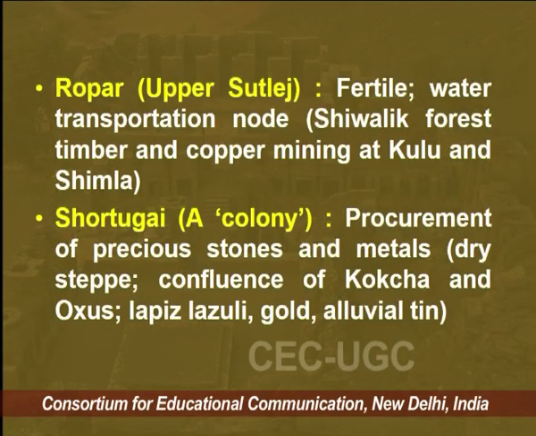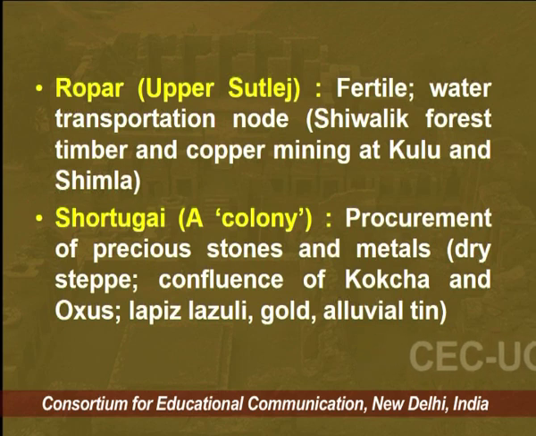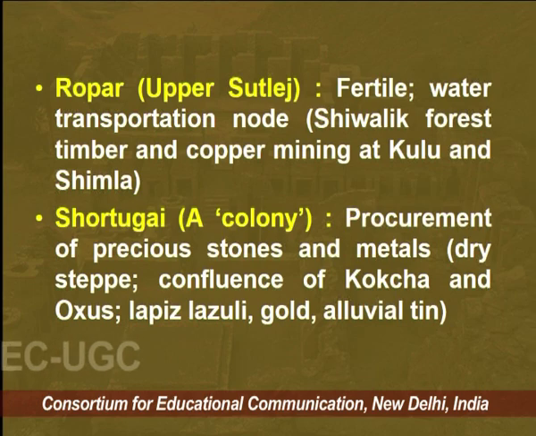So, at Kulu and Shimla, we have copper which could be sourced across the river way to different parts of Harappan civilization. So, Ropar as a site or the cluster of sites in the upper Satluj could be understood with reference to these needs that they were serving in the Harappan times.